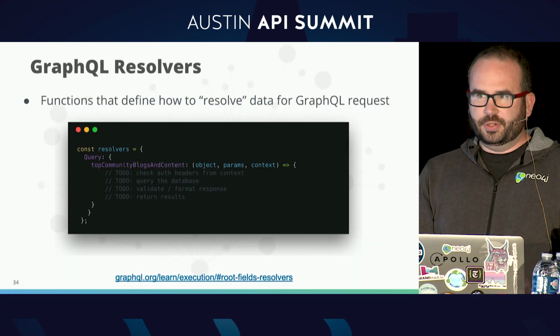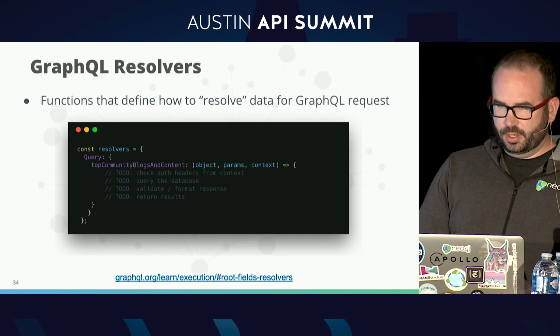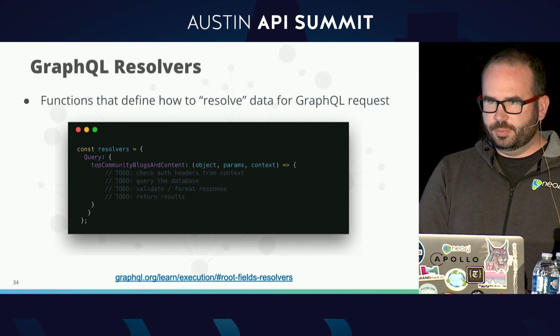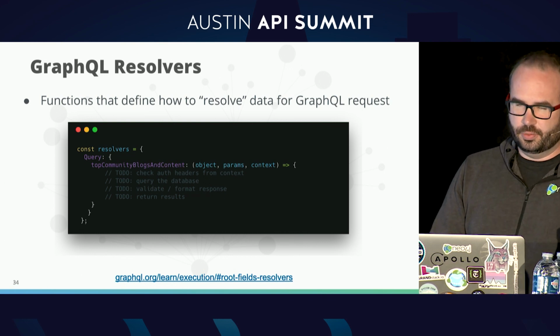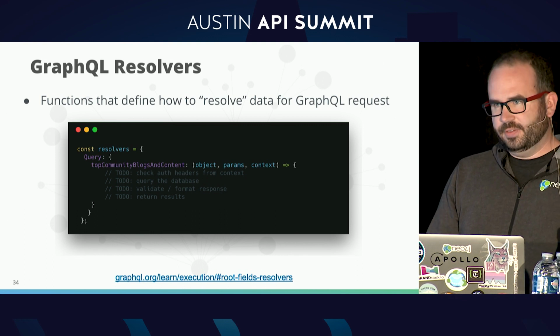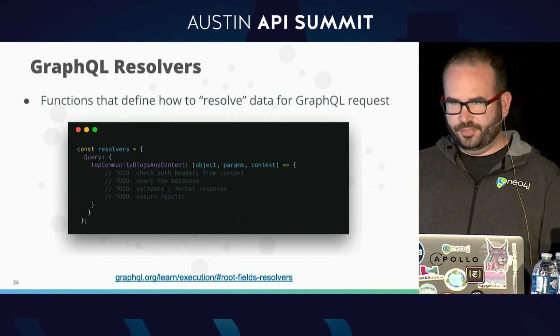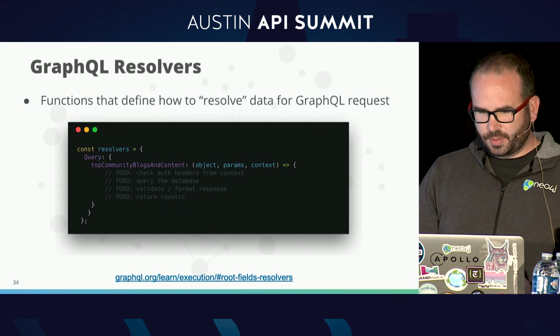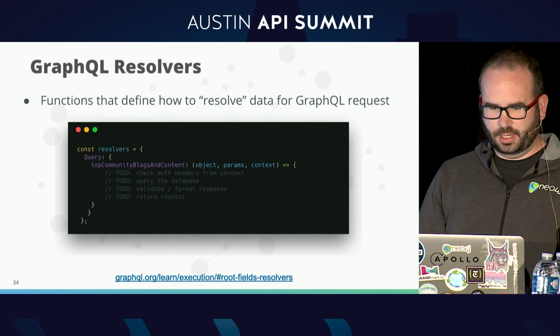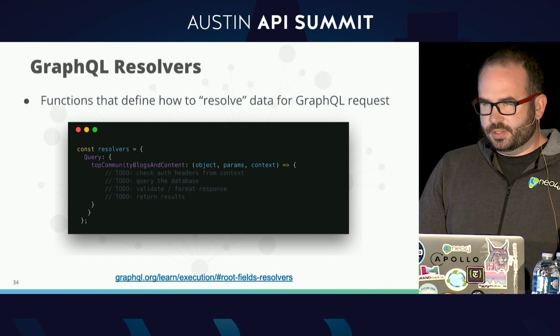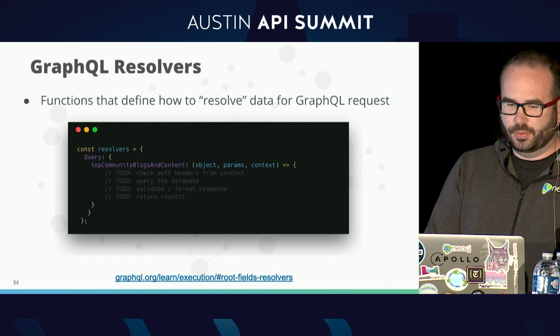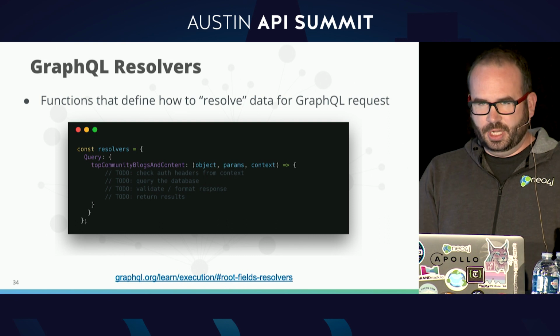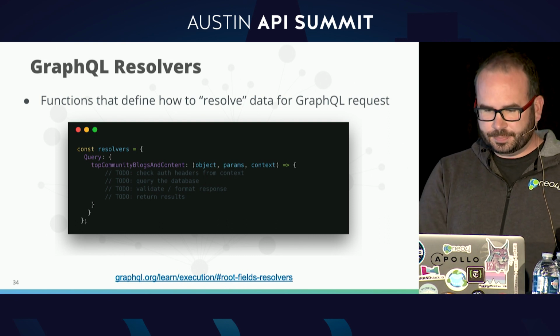Now the next step after we define our type definitions is to build our resolvers. So resolvers are functions that have the logic for how to fetch the data for our GraphQL request. And they look like this. So here's sort of the skeleton resolver for our top community blogs and content query field.